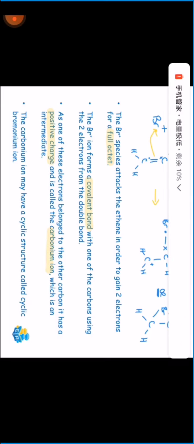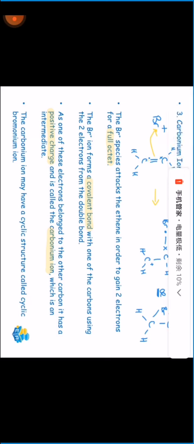As one of these electrons belonged to the other carbon, it now has a positive charge and is called the carbonium ion. And we can see this here in our product, that the 2 electrons have now gone and formed the carbon-bromine bond, and our carbon down here only has 3 bonds, so it's called a carbonium ion intermediate.